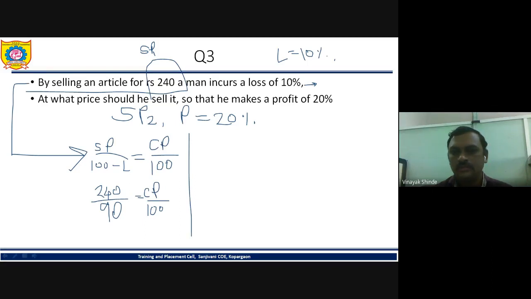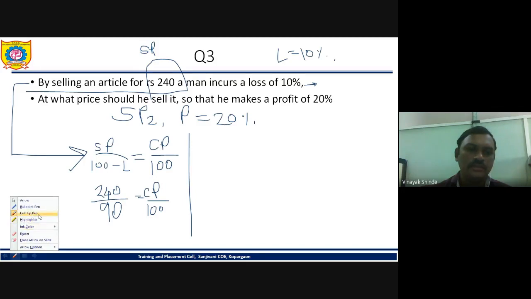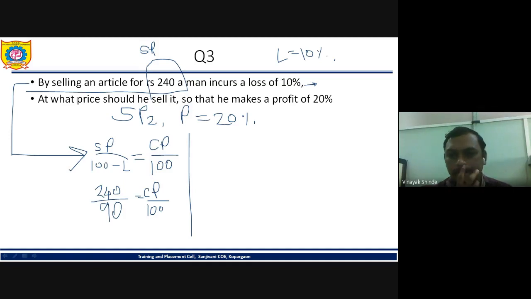Okay. Then the second line. From the second line, you can write one more equation. The second line is, at what price should he sell so that he makes a profit of 20%?